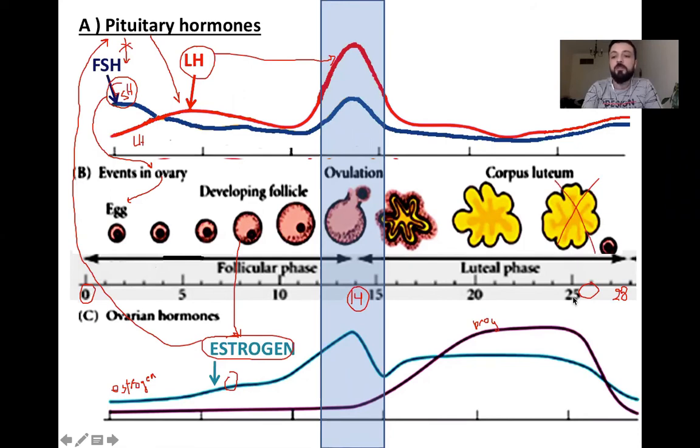This will cause a decrease in the secretion of estrogen and progesterone. As a result, the decrease in estrogen and progesterone will be detected by the pituitary gland, and then again the pituitary gland will start secreting FSH, and this announces the beginning of a new cycle.